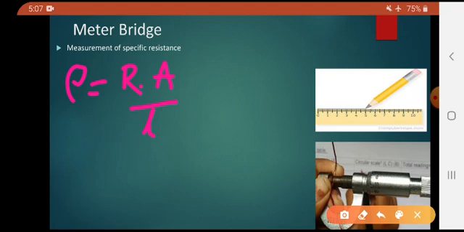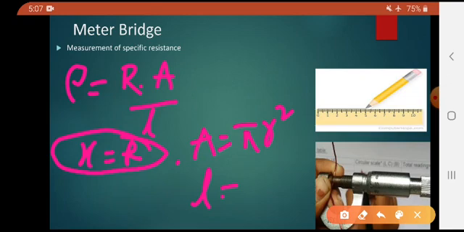We know the value of R, which equals X, the unknown resistance we calculated from the meter bridge experiment. Now the cross sectional area of the wire is A equals pi r square, and you have to find the length.